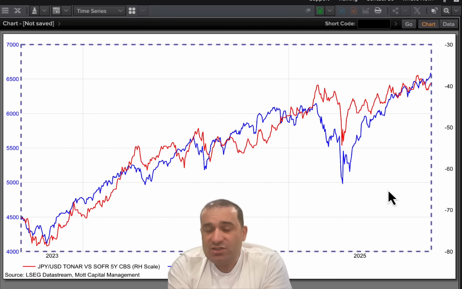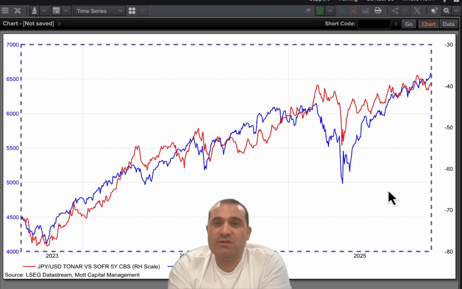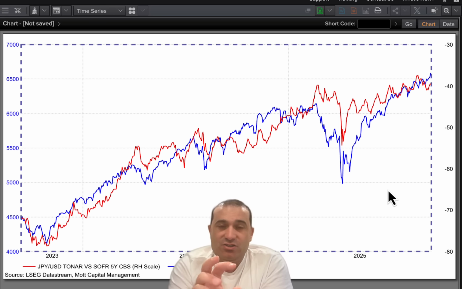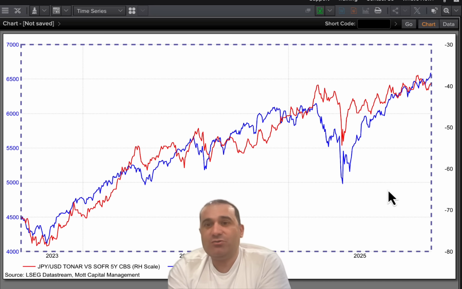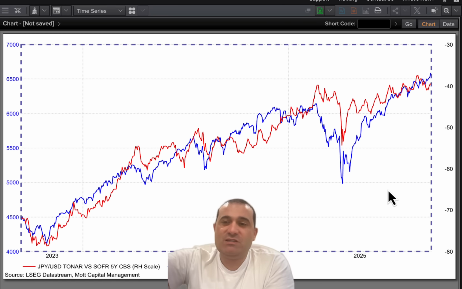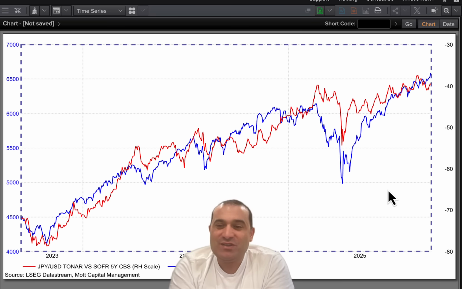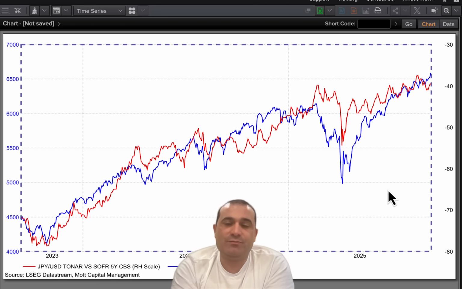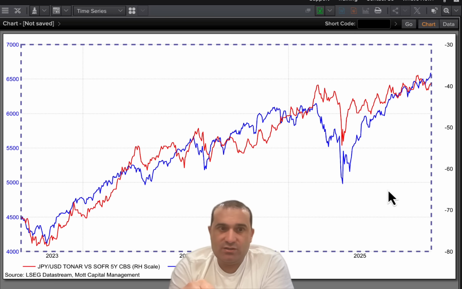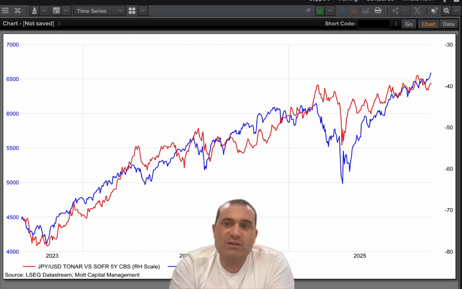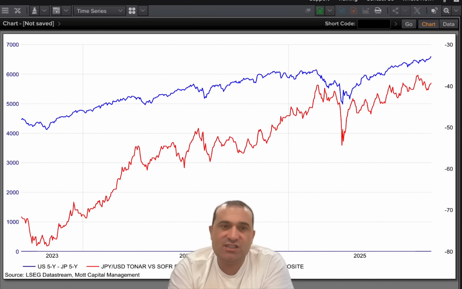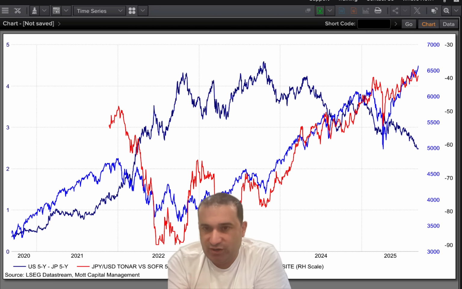And the idea here is that it almost appears that there's a carry trade being put on so that the use of the proceeds from shorting the yen and borrowing dollars is actually being put into the stock market. And that's important because essentially what you have right now is a scenario where it's quite possible that you continue to see these spreads contract.